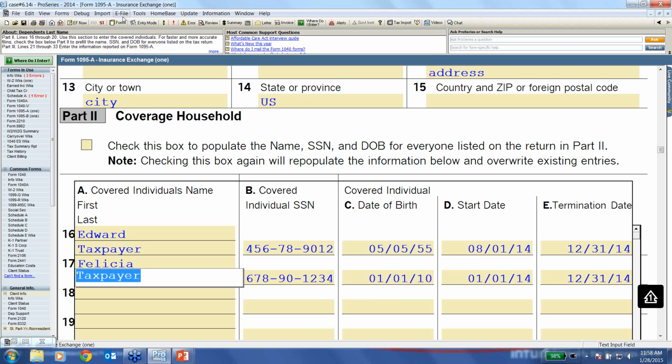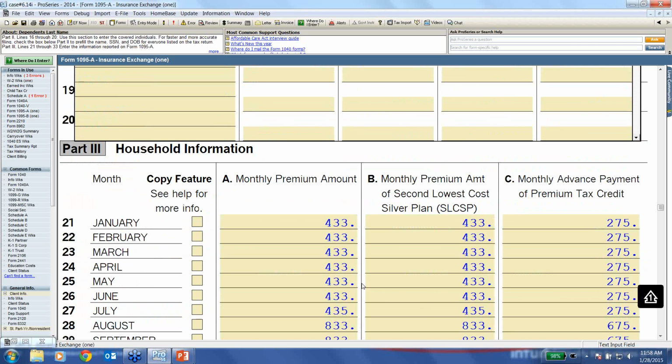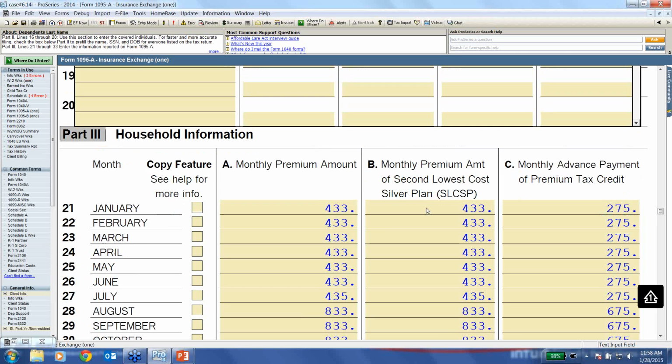Okay, Edward had coverage through the exchange from 8/1/14 all the way to 12/31/14, and his daughter Felicia had coverage for the full year. Then we go down to the monthly premiums and the monthly premium for the second lowest cost silver plan.